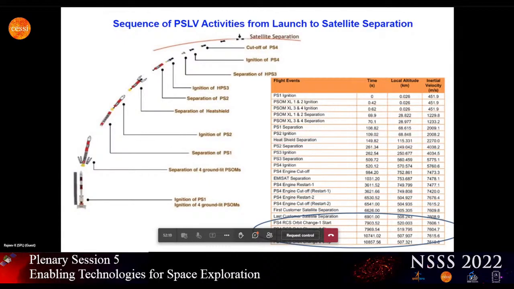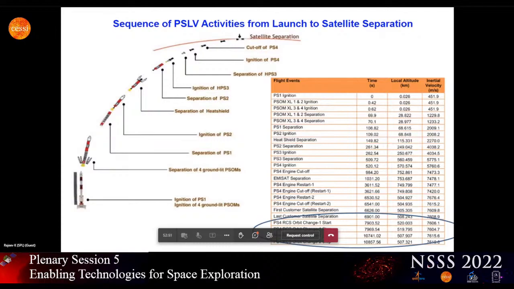But in a scenario where the project has 100% confidence that this payload is not going to interfere with any of the systems, with independent channels of operations, then after heat shield separation, the instrument is facing the environment. It can, in principle, have the observations taking place. But this is not the real way it is to be done. The assured way is after the PS4 separation, after the satellite separation.